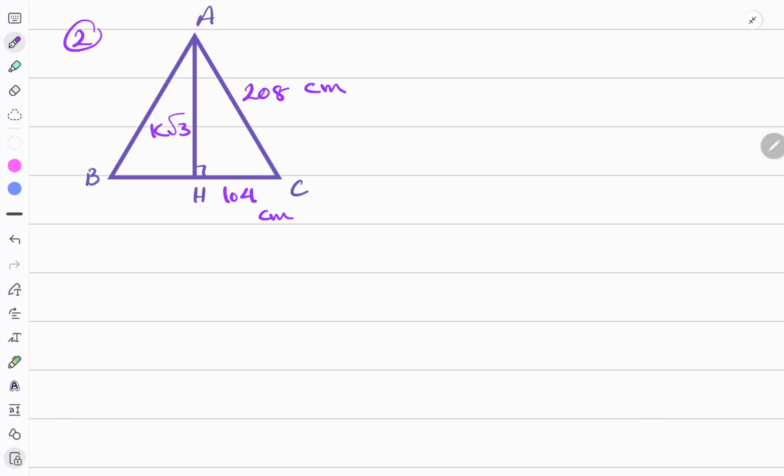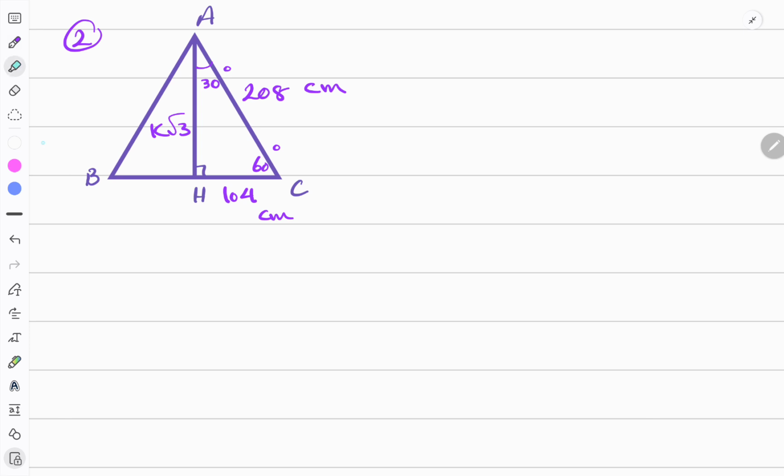We know that in any equilateral triangle, we have three equal angles with 60 degrees measure, and AH is the bisector of angle BAC. So we know this part of angle A is half of 60 degrees, which is 30 degrees.